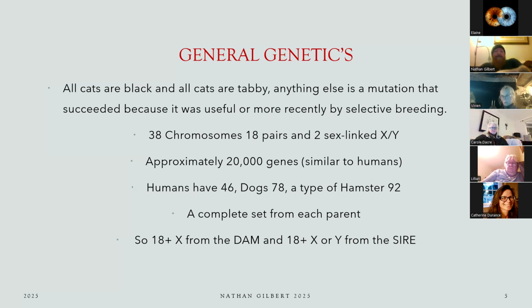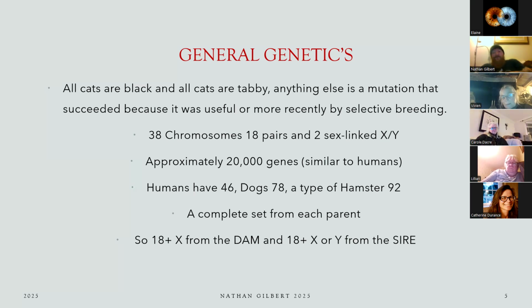Cats have 38 chromosomes, 18 pairs, which they inherit one from each parent, and the two sex links, the X and the Y. And they have approximately 20,000 genes, which is similar to us humans.